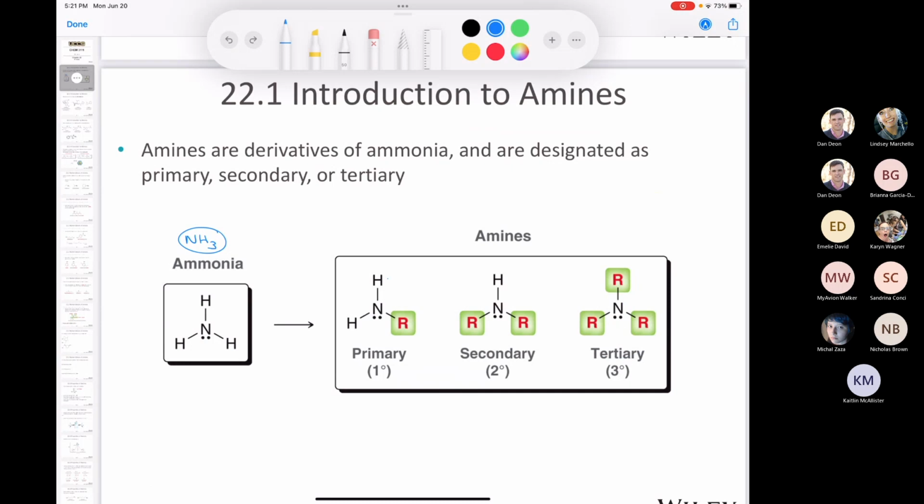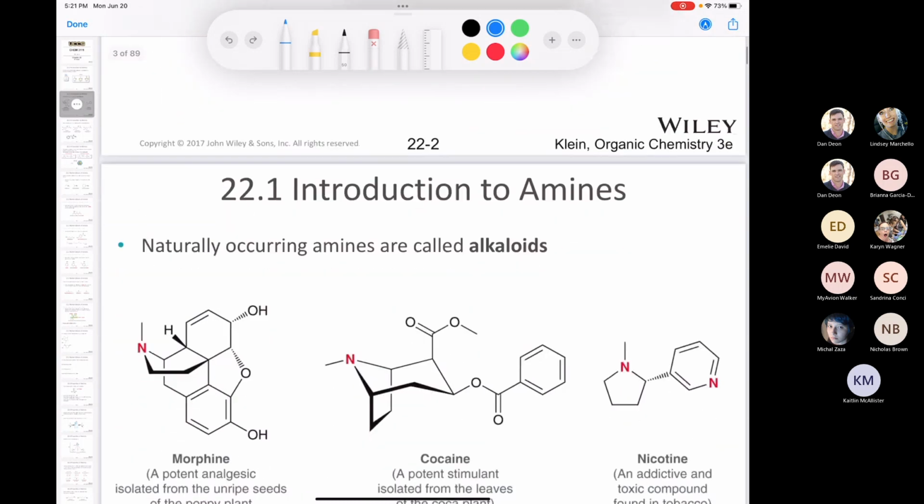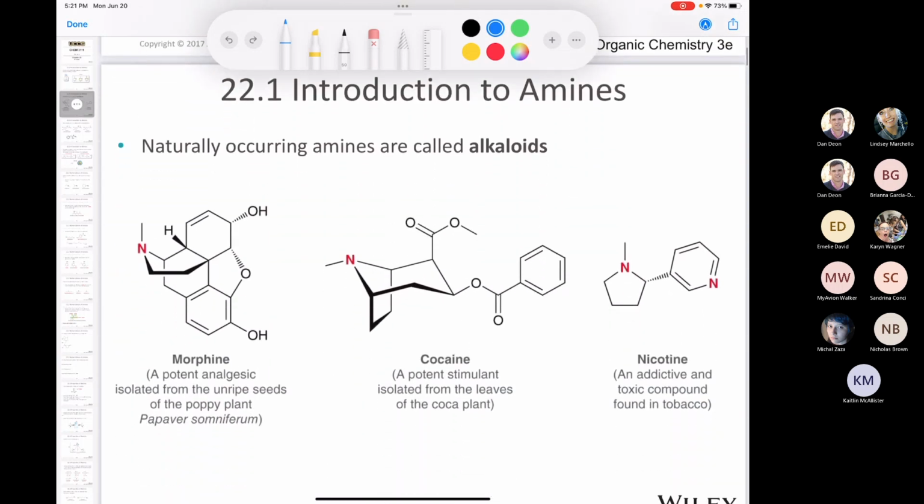So why is nitrogen chemistry so important to people who are interested in biochemistry and medicine? It's because nitrogen is ubiquitous in drugs, whether they're legal drugs or illegal drugs. I mean, nitrogen is found everywhere in the pharmaceutical industry and in naturally occurring drugs as well.